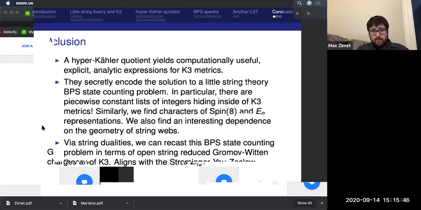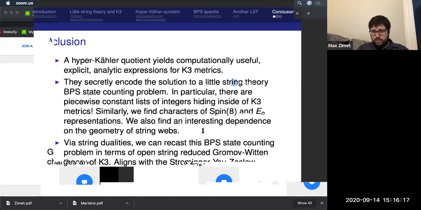Okay, so in conclusion, this Higgs branch hyper-Kahler quotient formalism yields computationally useful explicit analytic expressions for K3, and they secretly encode the solution to this little string theory BPS state counting problem, where by secretly I mean via Poisson resummation. So there's this cool enumerative and representation theoretic information hiding inside of K3 metrics.